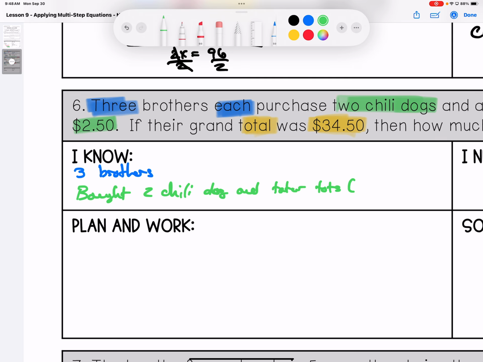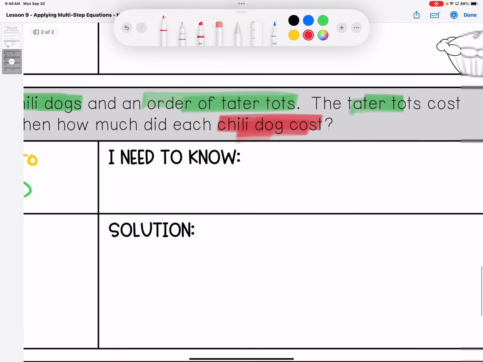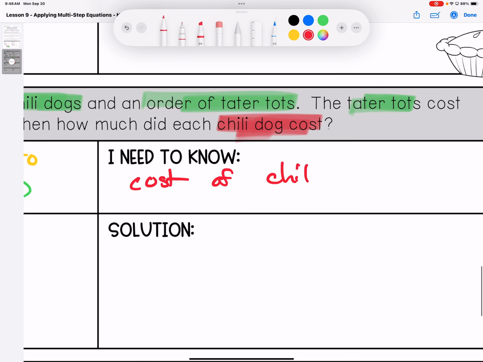And we know the tater tots were $2.50, right? And then we also know the total was $34.50. And then what do I need to know? I need to know the cost of the chili dog.